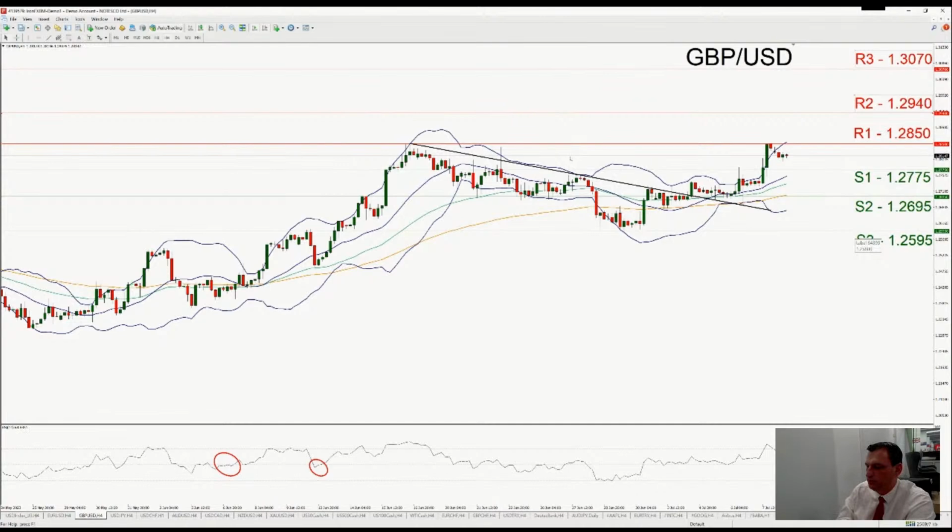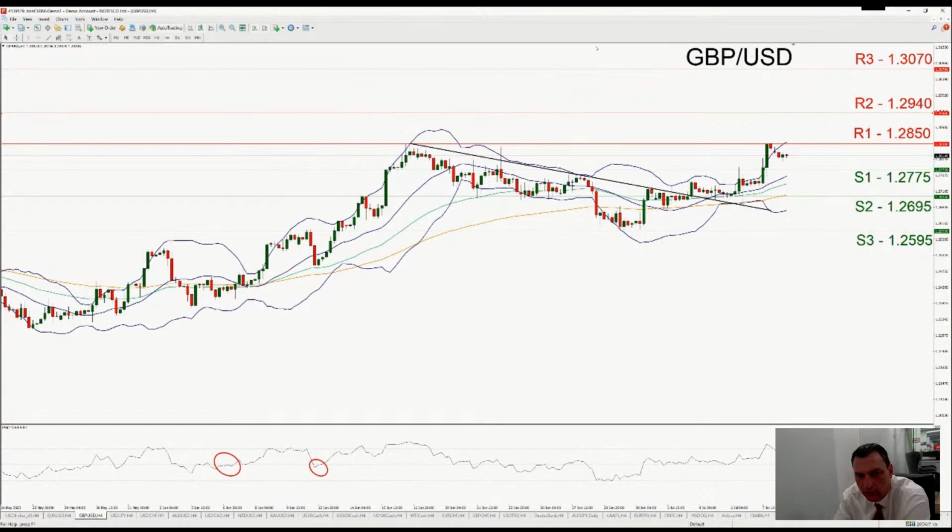For the time being, we tend to maintain a bias for sideways motion. There is a catch here. The catch is the RSI indicator, which remains close to the reading of 70, implying a rather bullish outlook. So we may see some bullish tendencies for the pair should the US dollar continue to weaken further.